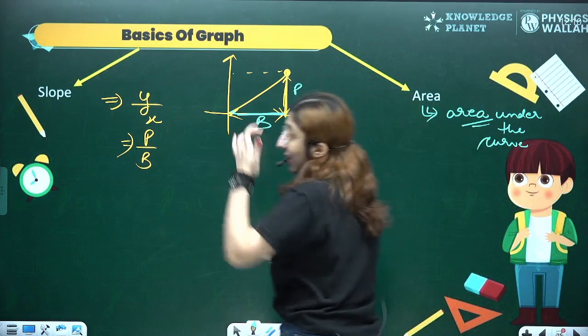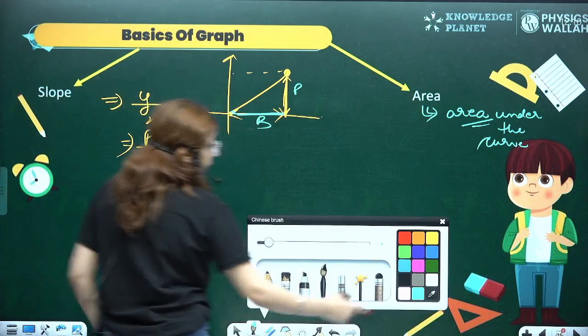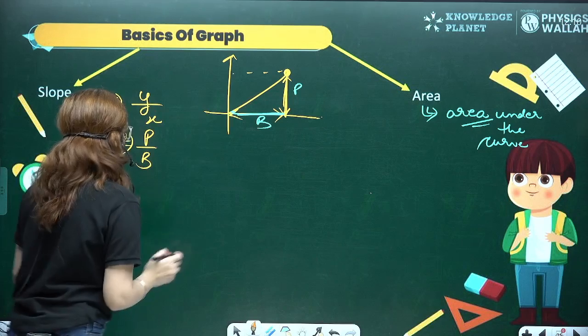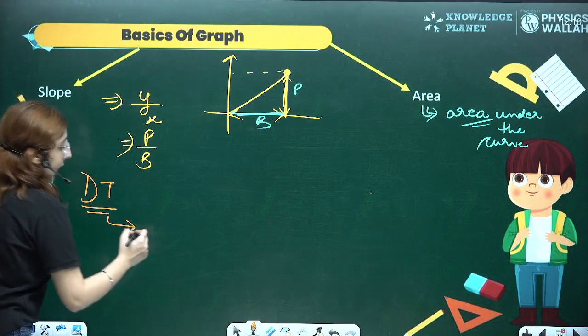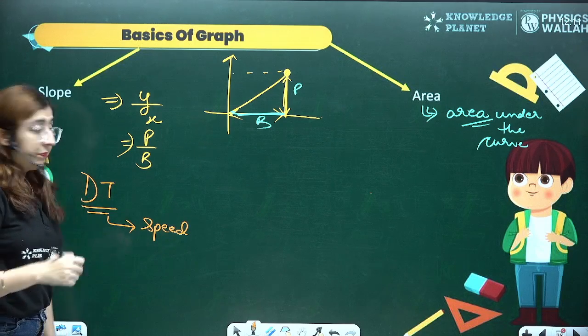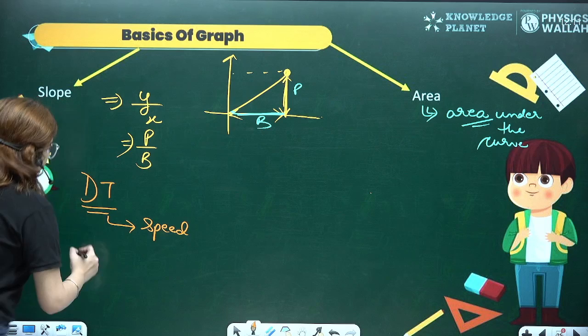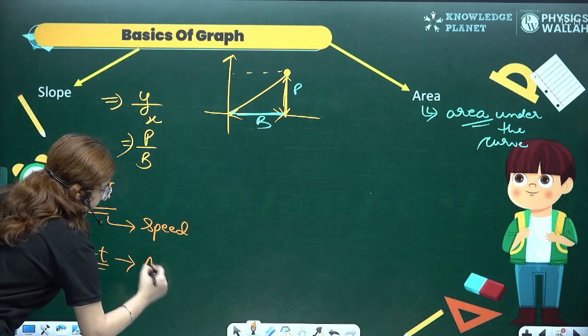Now, one thing is very, very important when we talk about slope of a distance time graph. The slope of a distance time graph will give you nothing but speed. The slope of a velocity time graph will give you nothing but acceleration.